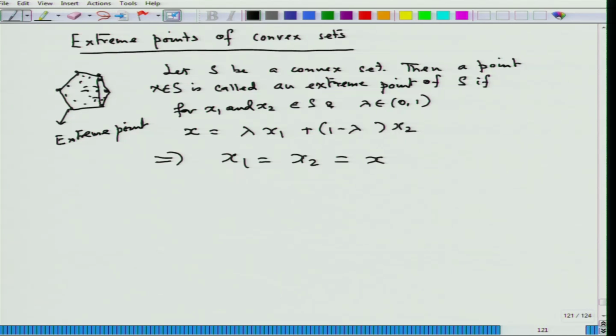The only possible convex combination is when x1 and x2 are equal to x.